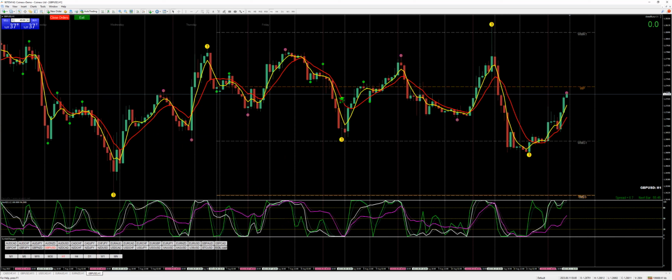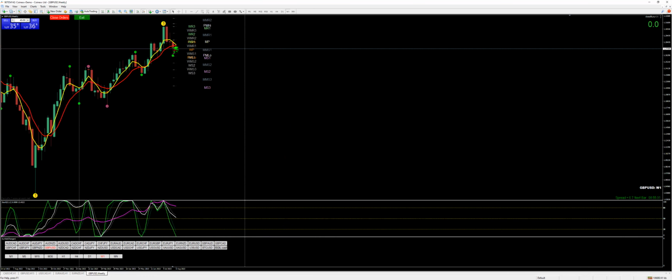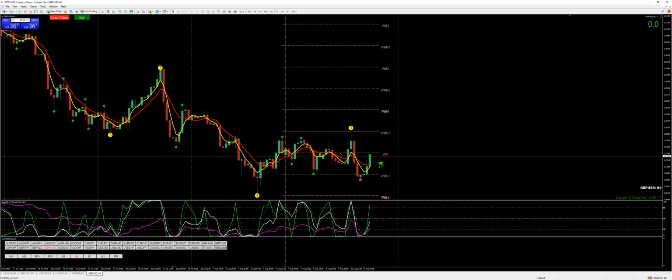Hopefully this helps. If this is the currency of choice, and the 1 hour is not really giving you a trend, which means the daily and weekly are not in sync, right? The weekly is trying to come down, and the daily is trying to go up with the 2-ball retrace, which leads to a formation of the 4 hour like this.